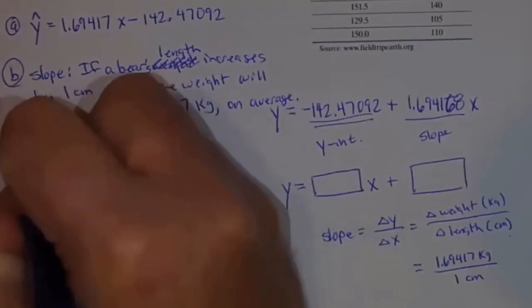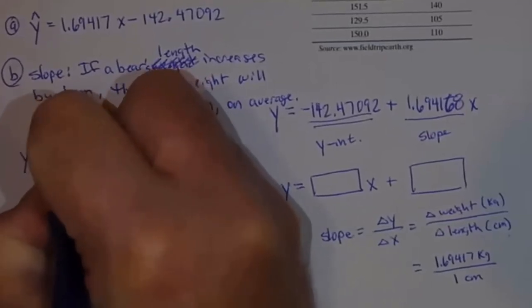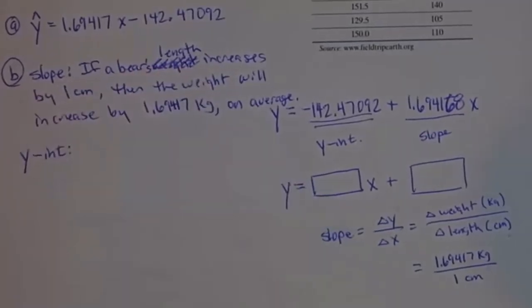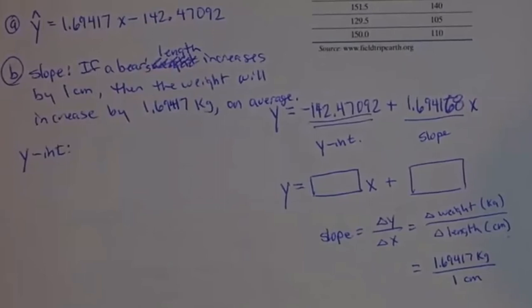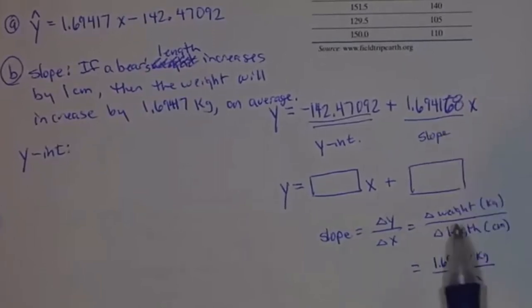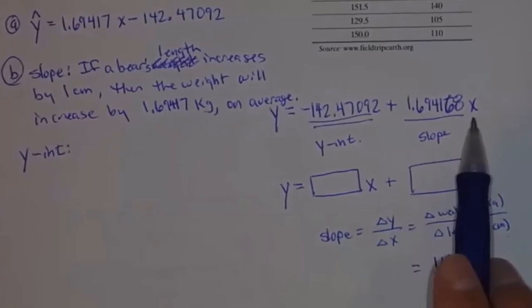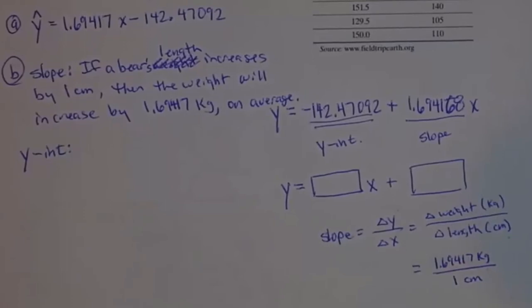For the y-intercept, again, I have to ask myself two questions. First thing, is it appropriate to interpret the y-intercept? Well, we had two things. One, is it appropriate for the x variable to equal 0? Well, in this case, if the x variable's 0, that would mean the bear would be 0 centimeters long, which doesn't make any sense.